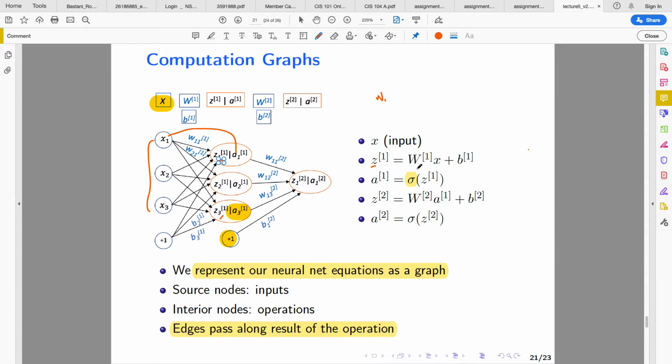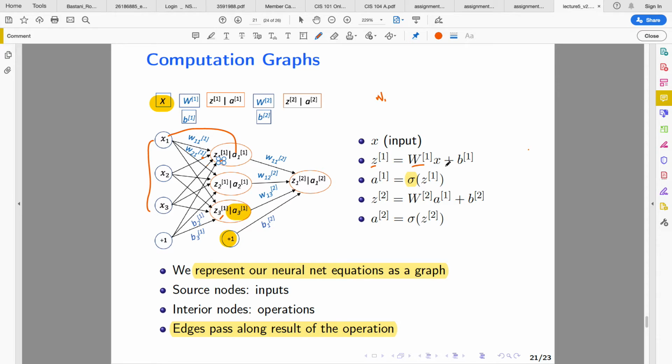So what do we do there? We multiply the weights by x plus the bias. Here we have 1, 2, 3 coming into Z1. So we multiply W1 by X1 plus W2 by X2 plus W3 by X3.